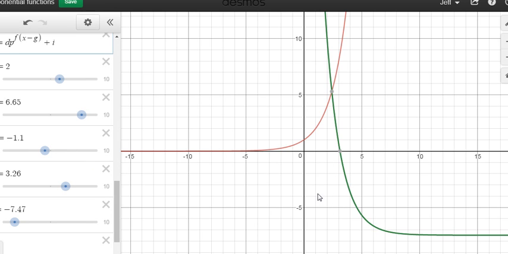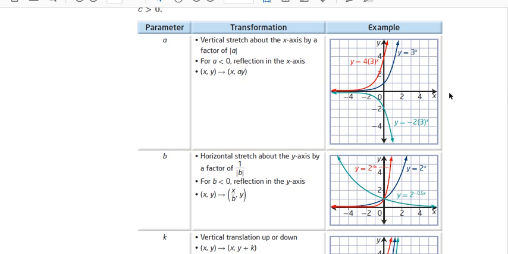So that's what that graph looks like. As we review in your textbook, A is a vertical stretch. When A is greater than 1, it goes up. When A is less than 1, it squishes down. When A is negative, it flips.